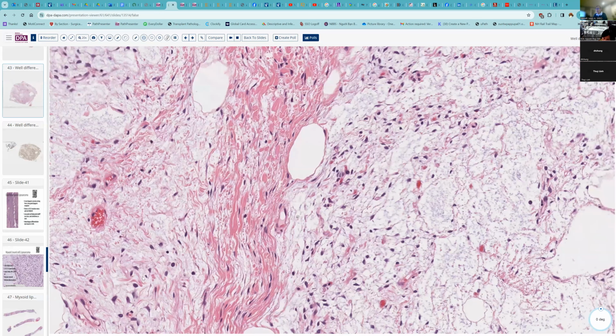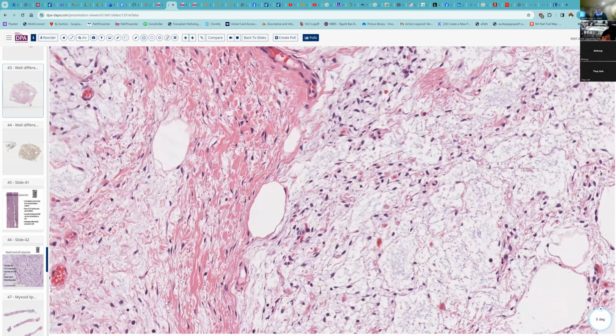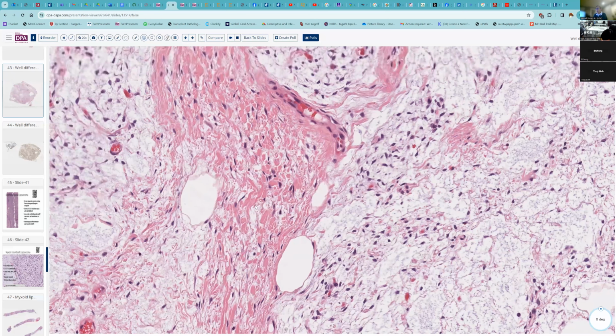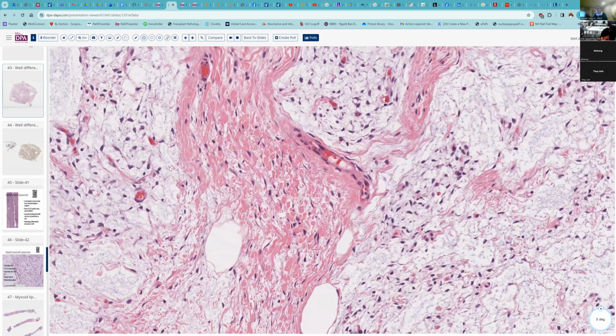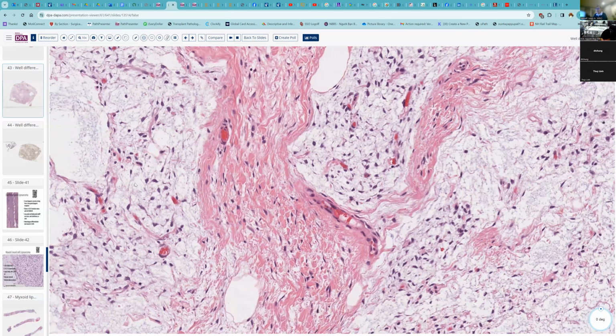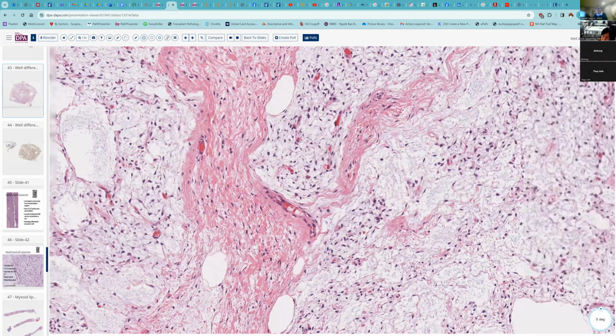So you have a very well-differentiated tumor where you're wondering, is this just a myxoid lipoma, or is this myxoid liposarcoma, or is this a well-differentiated liposarcoma?